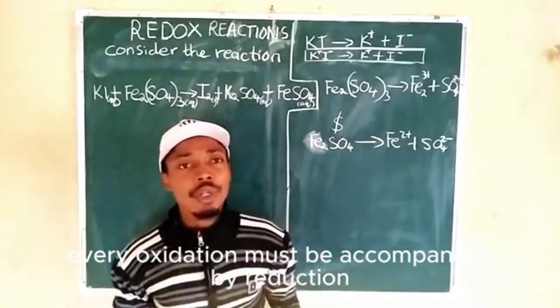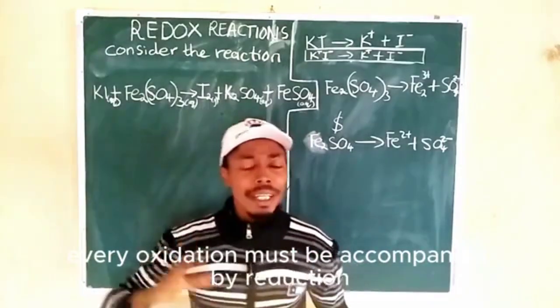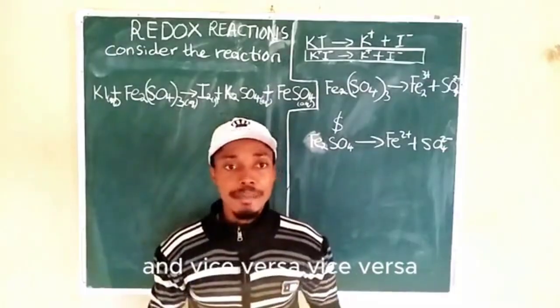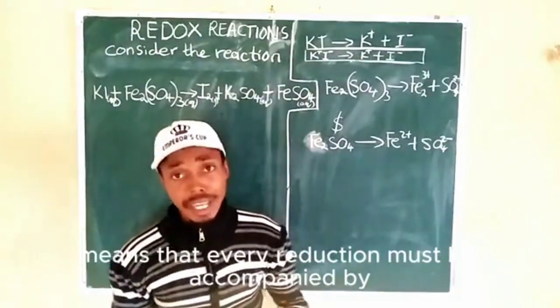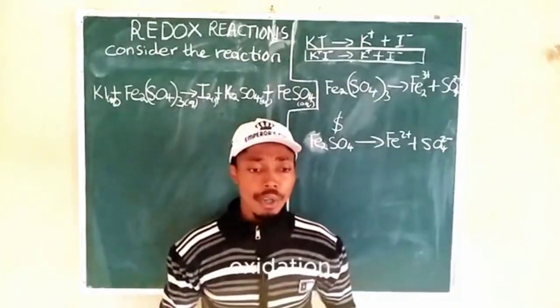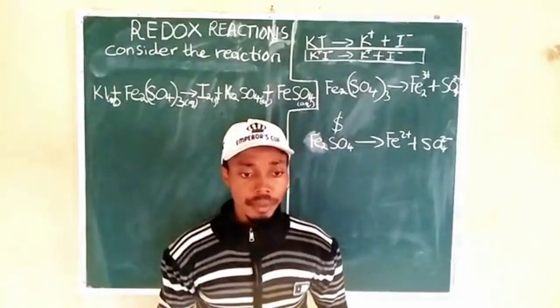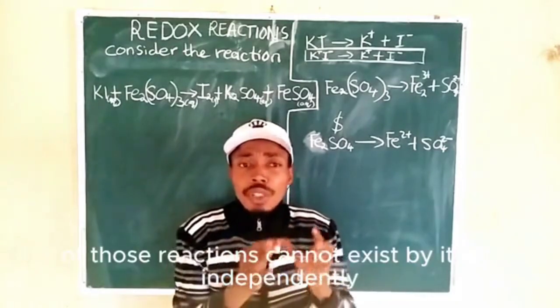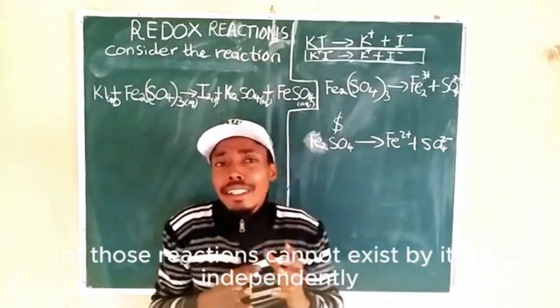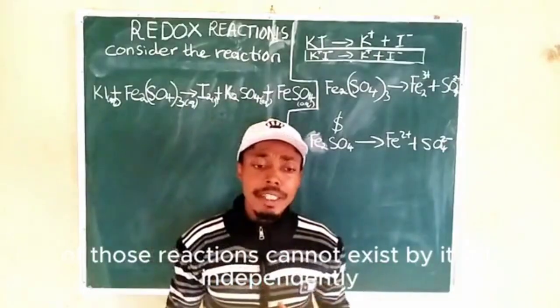Every oxidation must be accompanied by reduction and vice versa. Vice versa means that every reduction must be accompanied by oxidation. Each of those reactions cannot exist by itself independently.